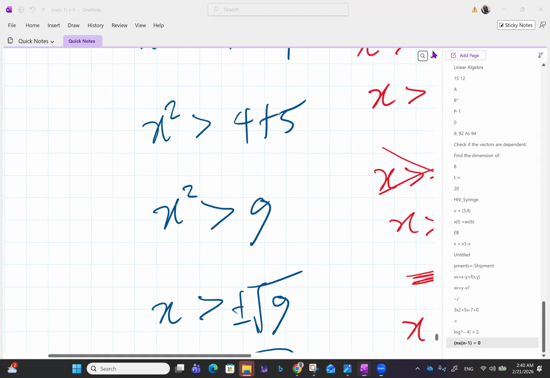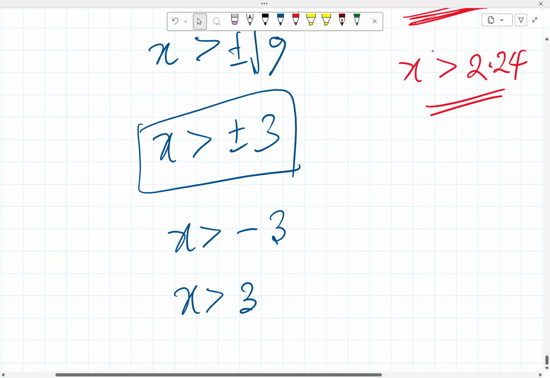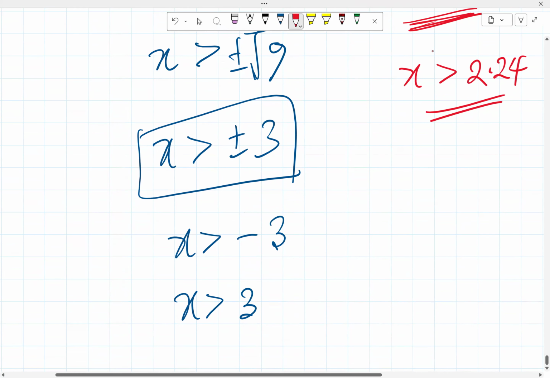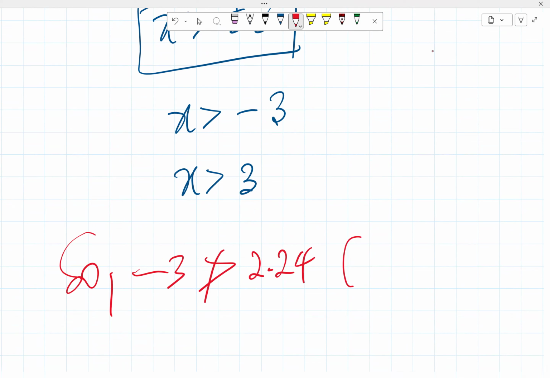So it is greater than 2.24. Interestingly, we have x greater than minus 3, but our strong condition here is that x should be greater than 2.24. So minus 3 is not greater than 2.24, reject.